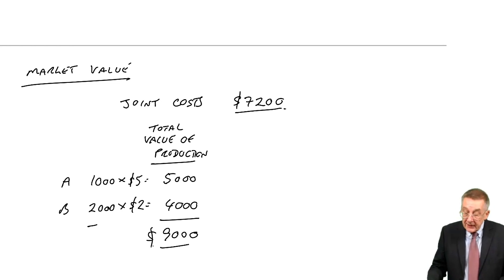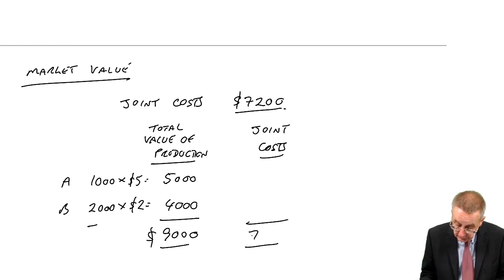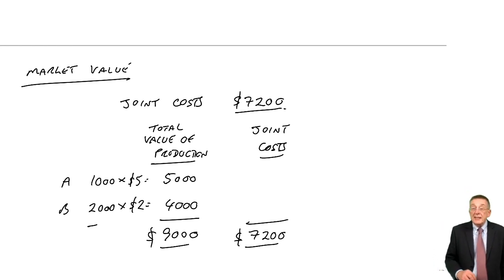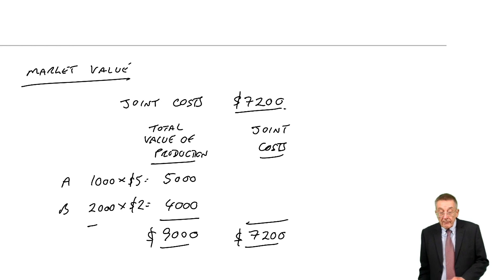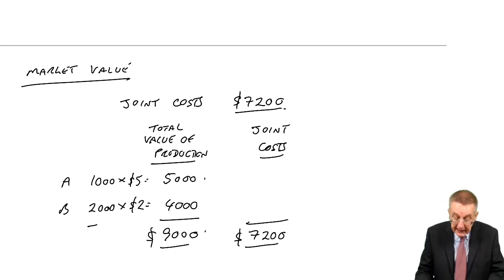What we want to do is split these joint costs of 7,200. Well, in total, we split it according to sales value. So product A, the total value is 5 out of the total output of 9.